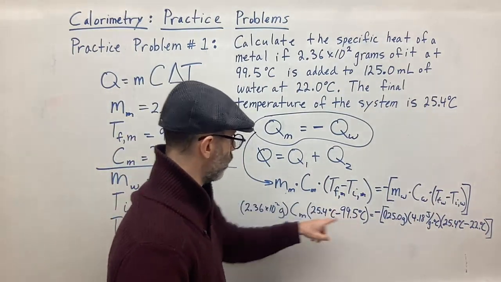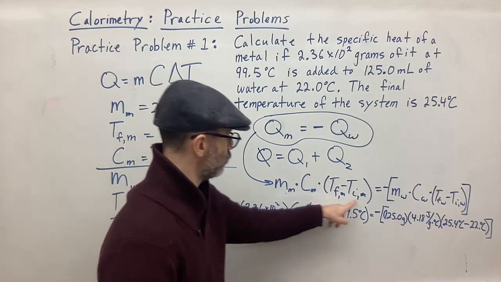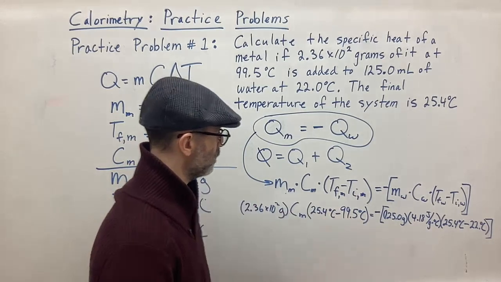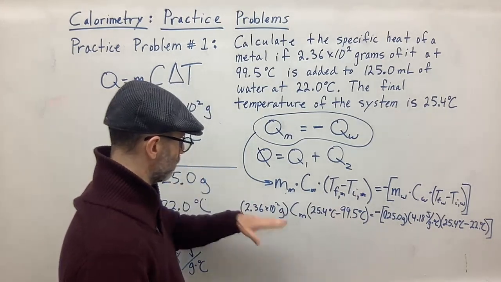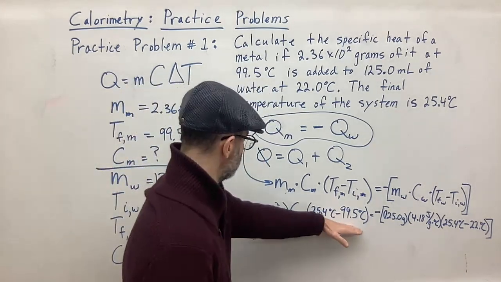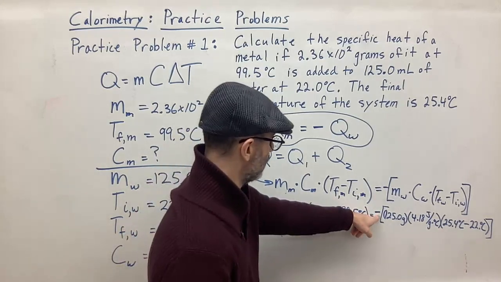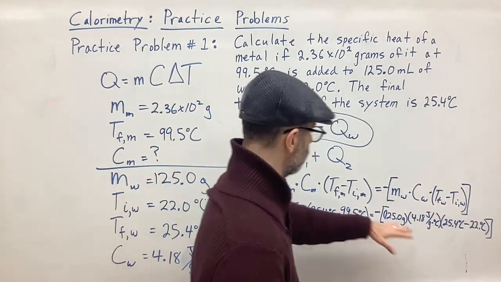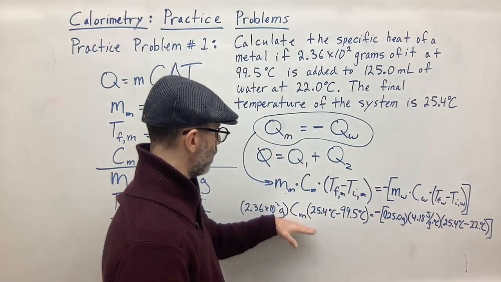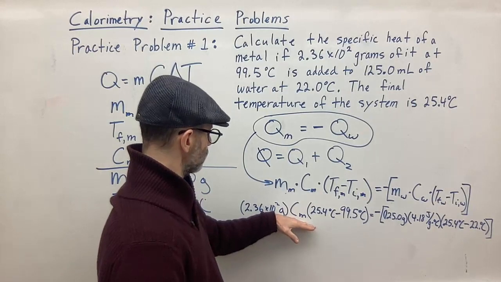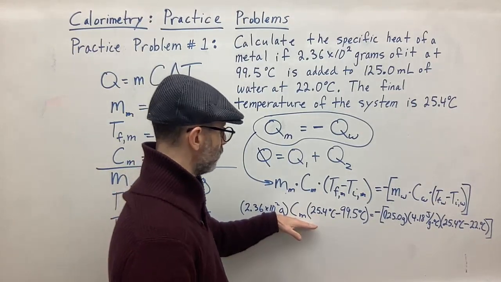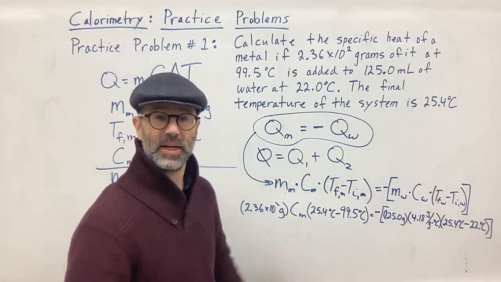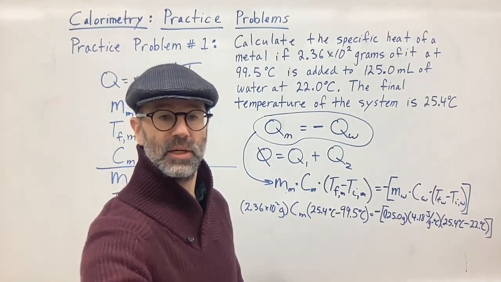Notice that this is going to be negative because I'm subtracting a larger number from a smaller one. So this side will be negative, and we have a negative on this side, so the two negatives are going to cancel out, and both sides will be positive, and so you should end up with a positive specific heat. So let me calculate that really quick and give you your answer.